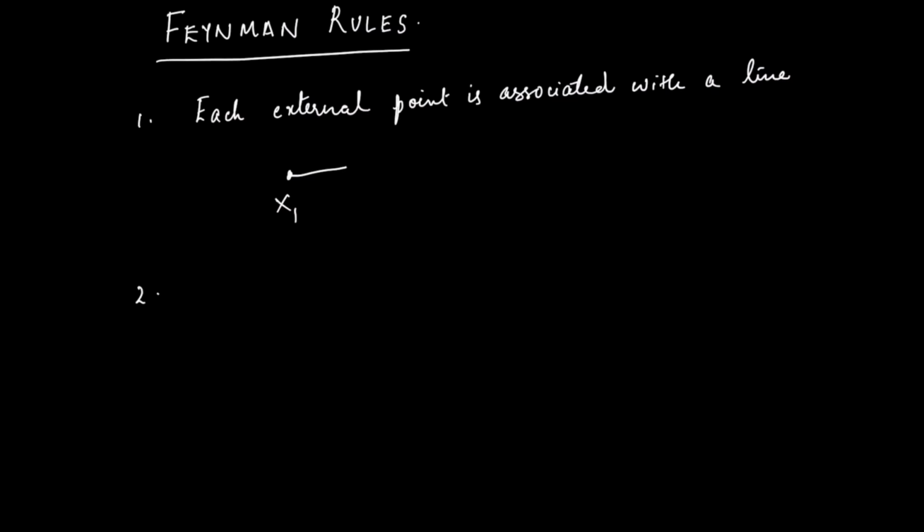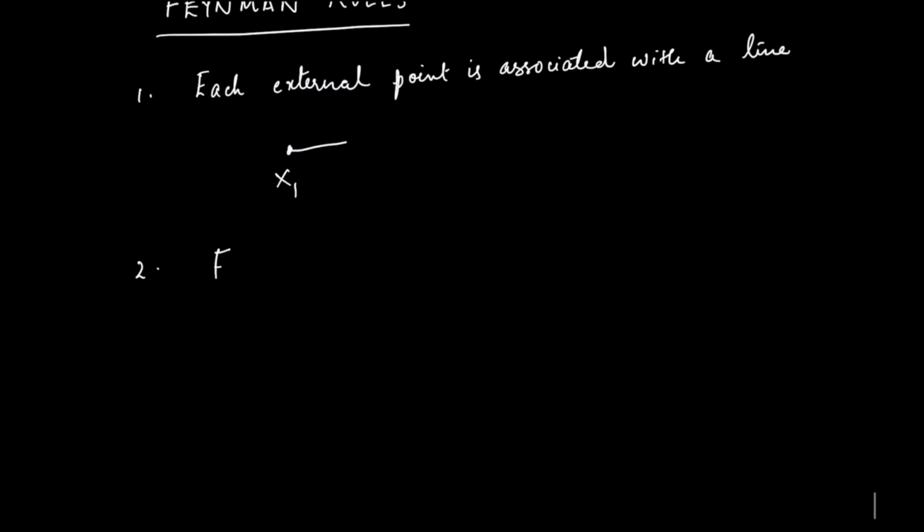For each propagator, okay, it has two endpoints. Correspondingly, you can write down a Green's function for each propagator. So you have an internal point, another internal point, and this is a propagator.